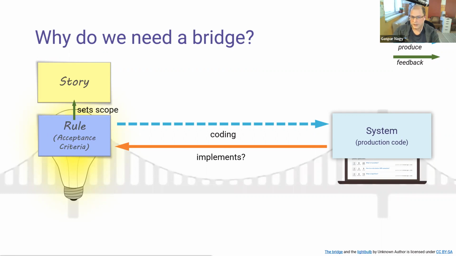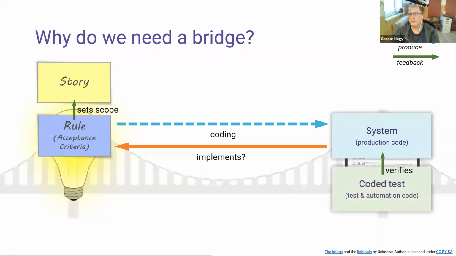Typically, what teams without BDD would do, or I mean, it's general practice, to be able to verify the production code, to be able to verify the system, we are making some sort of automated coded test. So maybe a unit test or a unit integration test or whatever. So some sort of thing which is verifying whether the system behaves as we think it's supposed to.